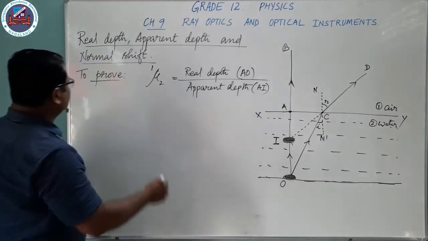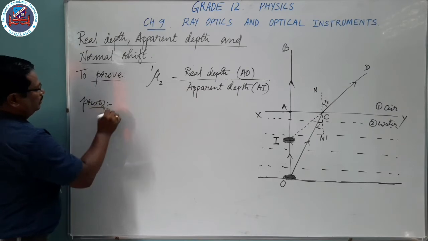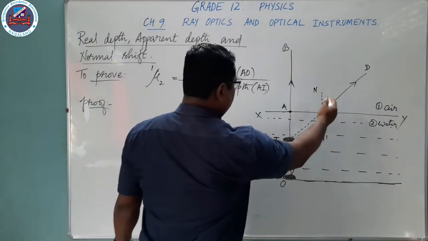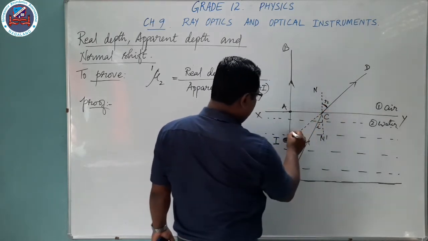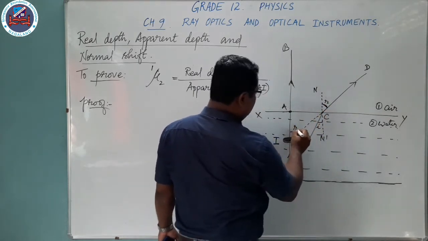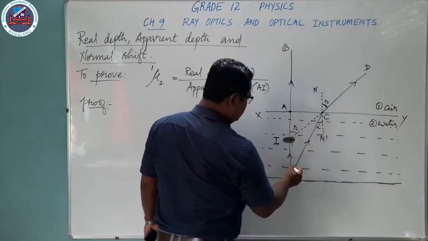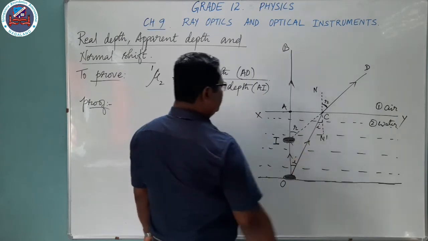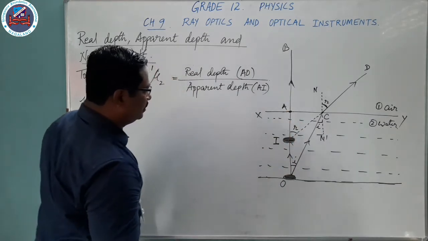So now let us prove and see. In this case, this angle, there is angle of refraction, and this angle, they are forming corresponding angles, so they are equal. And this is angle I, so this angle is also I. There are alternate angles, so both of them will be equal. We'll find out sin I and sin R in the diagram.